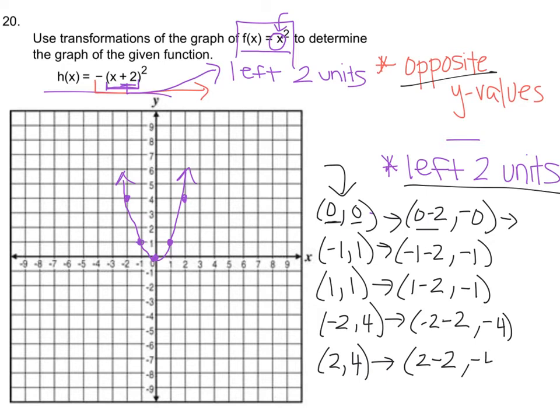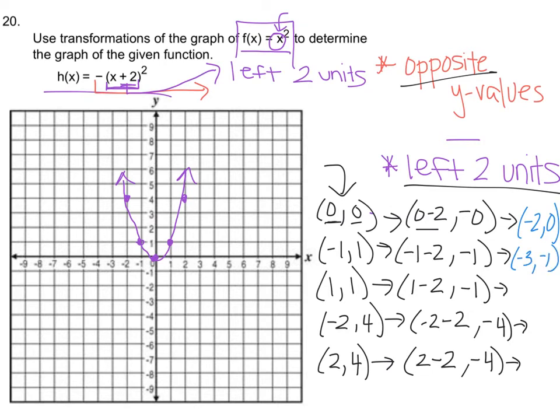And now I can clean up each of these ordered pairs by performing the calculations within the x and y value position. So when we do that, we have 0 minus 2, which is negative 2, and a 0 for my y. Negative 1 minus 2 is negative 3, and that will be a negative 1 for my y.